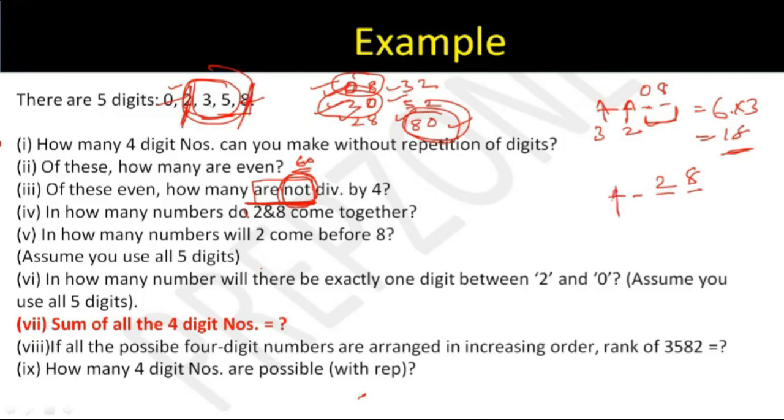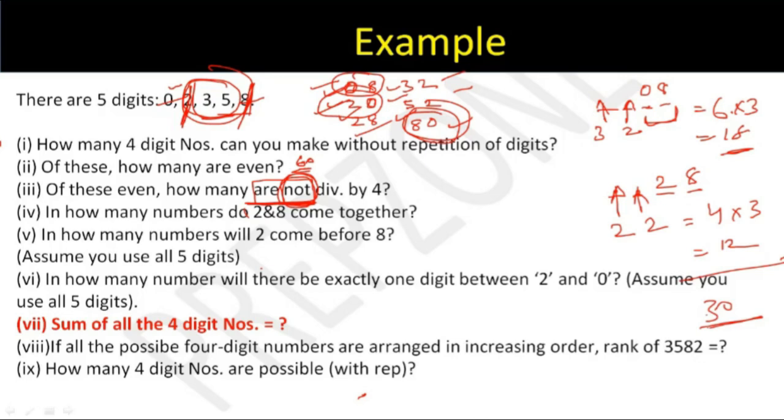In the topmost position I can't keep 0, so the only available options are 2. If I've consumed 1, I'm left with 2 digits. So in total, I have 4 ways, but again, 4 ways for each of these 3, so it is 4 into 3, which is 12, right? So in total, I will have 18 plus 12, 30 numbers that are divisible by 4.